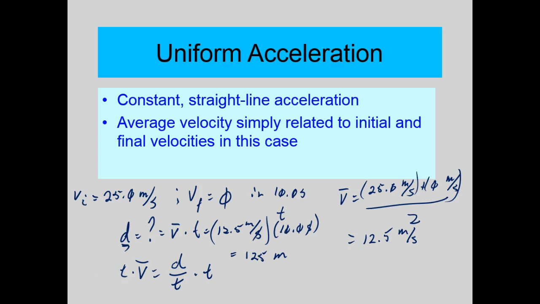Okay? Now, 25 meters per second doesn't sound all that fast, does it? It actually is going at a pretty good clip. We could go back and find out how many miles per hour that is. That would take a lot of conversions. Let's not go there now. You slam on brakes, and it takes you 10 seconds to come to a complete stop. You have traveled about 1 1/4 football fields.